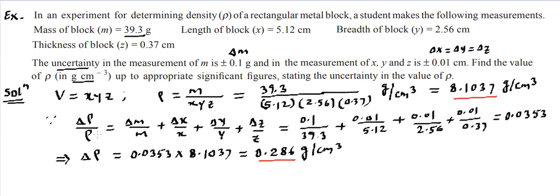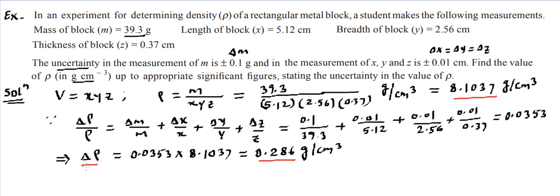To write the number of significant figures of delta rho, we need to check the significant figures for delta m, delta x, delta y, and delta z. Whatever significant figures these quantities have, this quantity will also have the same number.